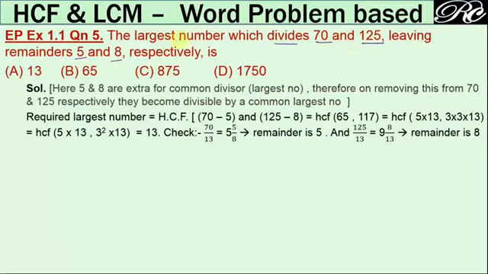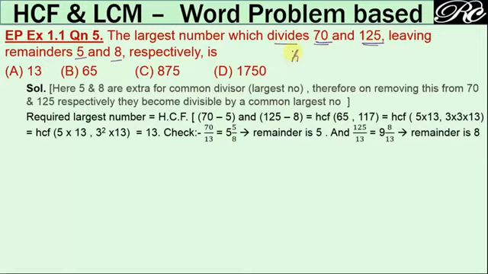We need a number which is able to divide these 70 and 125, and then gives remainder 5 and 8. Means the required number is smaller than 70 and 125.